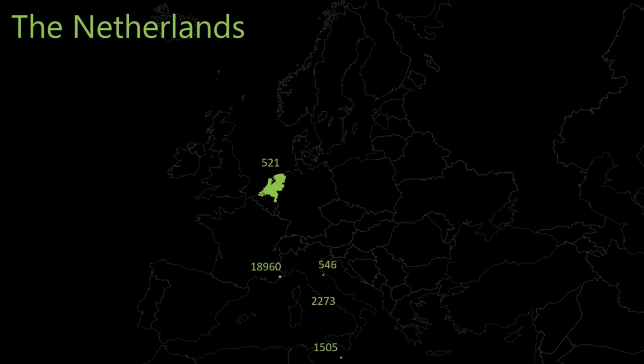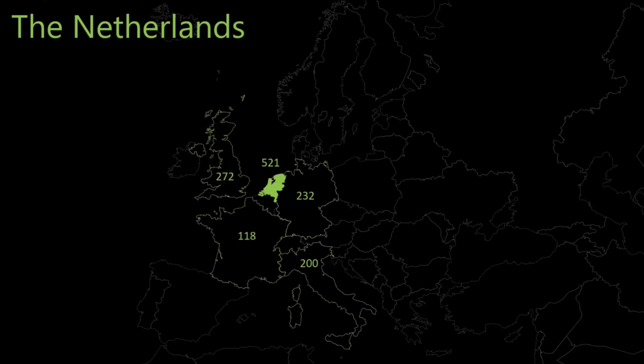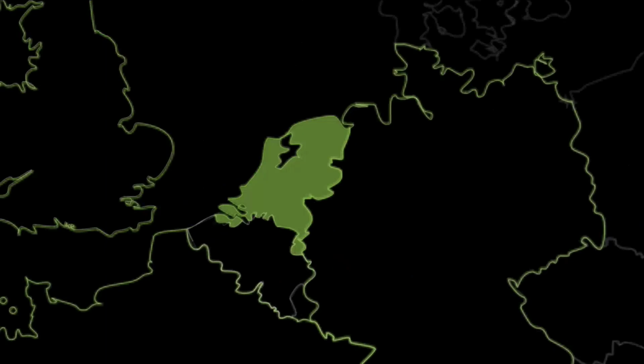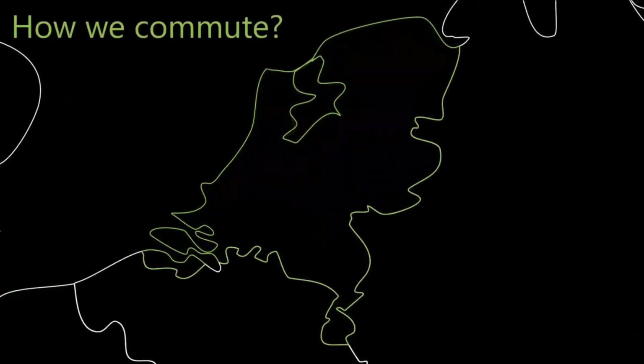And if you look at the absolute numbers, it might not look pretty high, but if you compare it to other countries, like major economies in Europe, you can see that the number is actually quite high. You probably know that the Netherlands is famous for its cyclists, right? So you might think that a lot of people commute by bike to work, but actually that's just, as you can see, 6.7%.